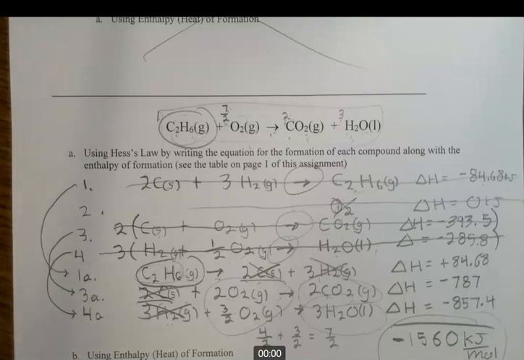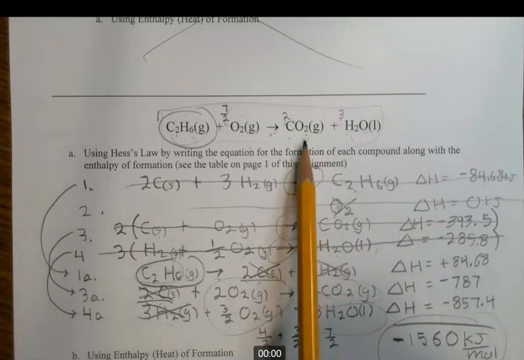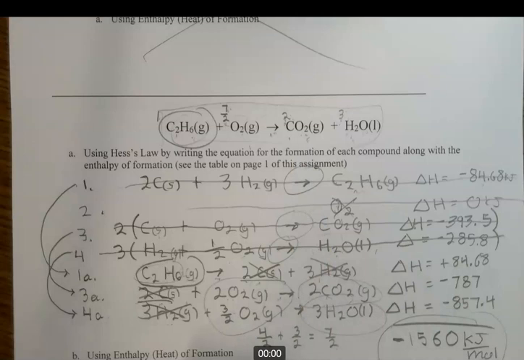Okay, so let's go ahead and get started. So we have 2 CO2, so we're going to start with our big block there, 2 times negative 393.5, plus we have 3 H2Os, 3 times, and it's in liquid form, so it's 3 times negative 285.8.